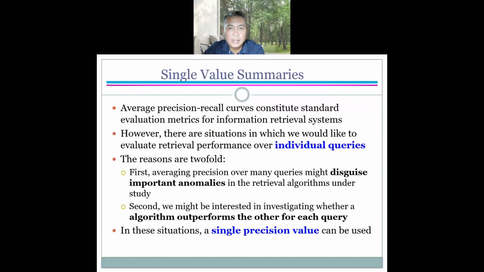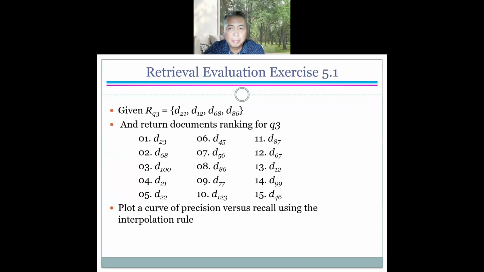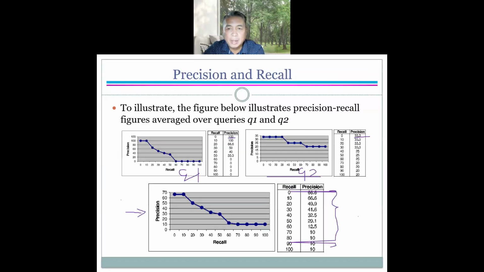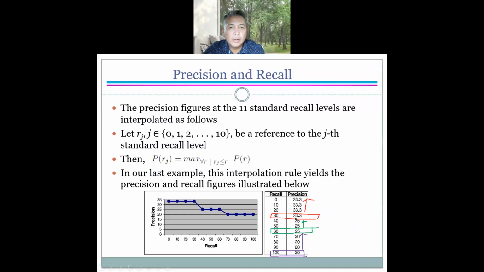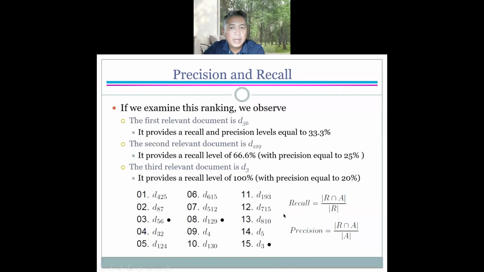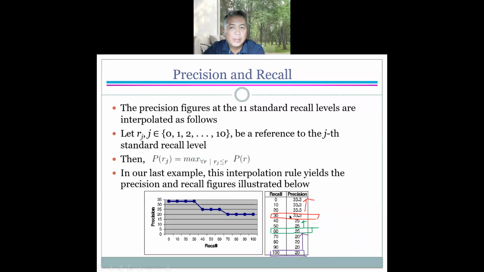Because here we only have 3 points that we get from here, and how we fill in the rest is we look at the value and then we just copy upwards. Then we can plot this graph.